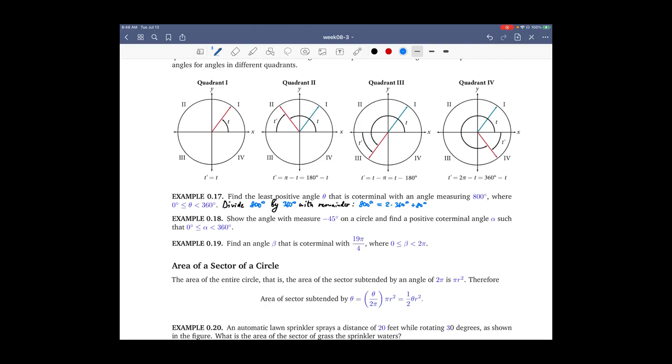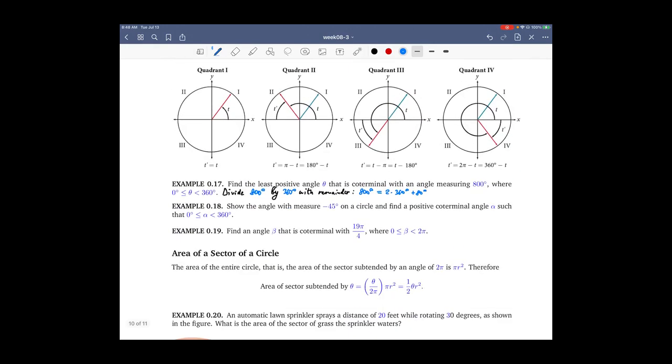And so if you geometrically visualize this, what we have here is the following. The angle of 800 degrees can be obtained by two full rotations. One rotation, that's 360.